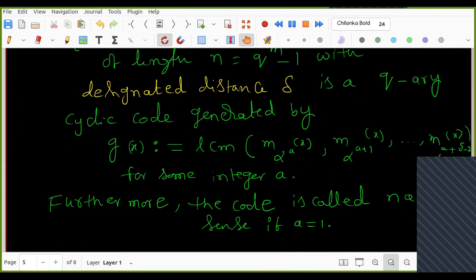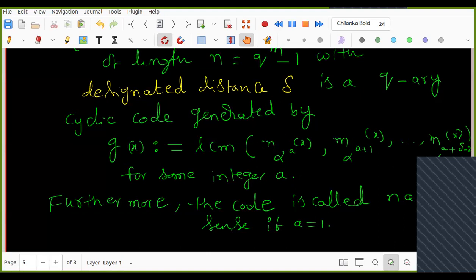g of x is constructed from the minimal polynomials. So you know that each m alpha power a of x is a divisor of which polynomial? This divides what? It divides x power n minus 1, right?